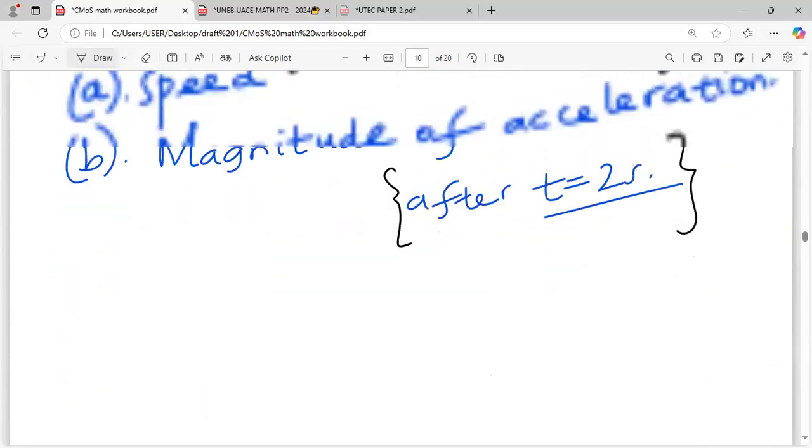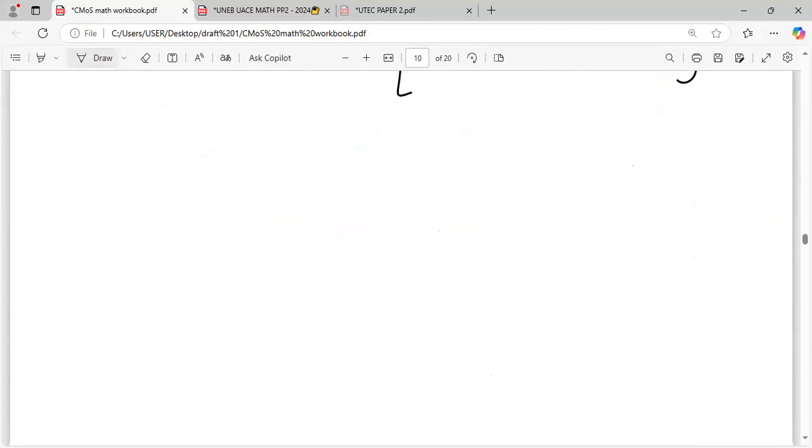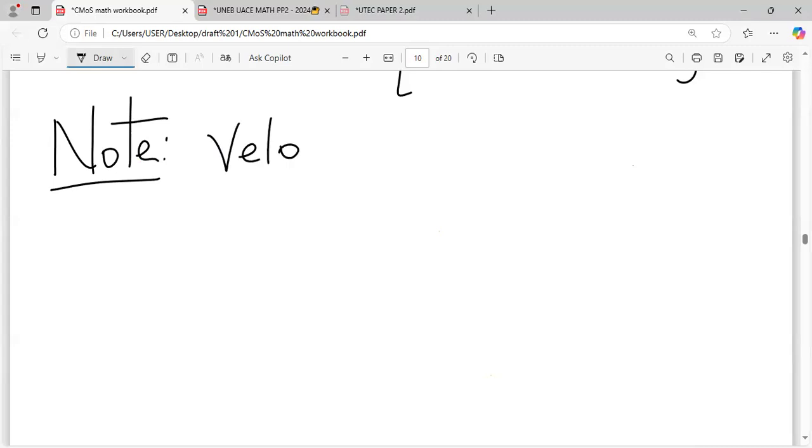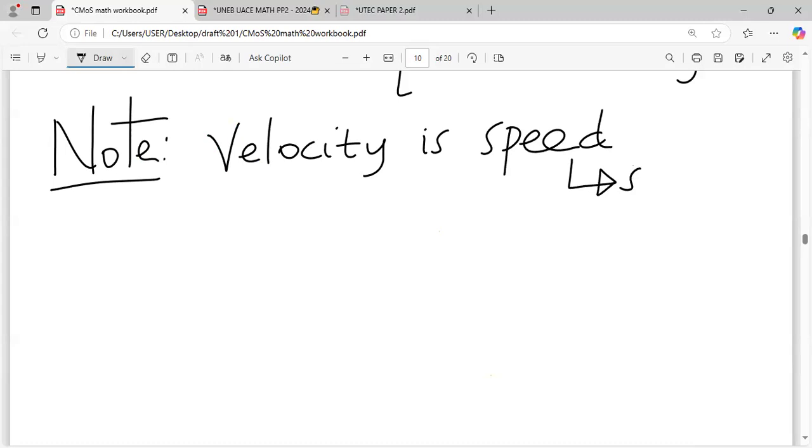So I want you to note this. Remember, velocity is the same as speed, just because speed is a scalar, and this one is what? A vector quantity.